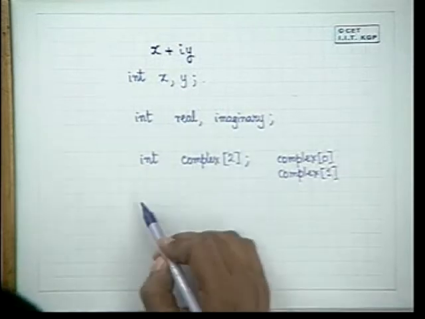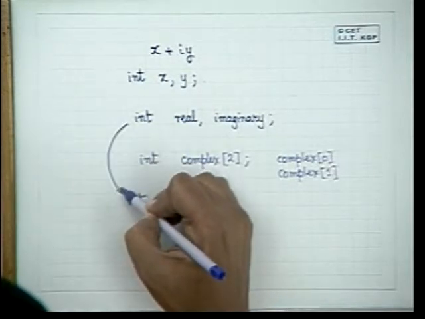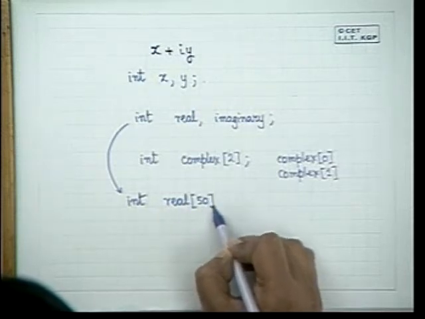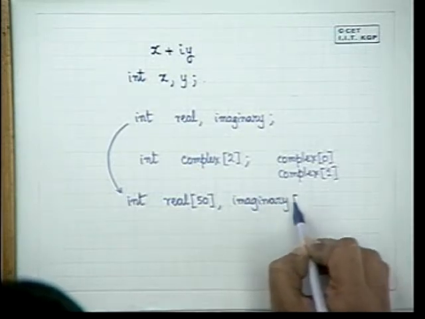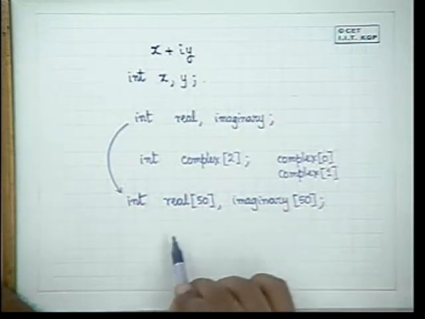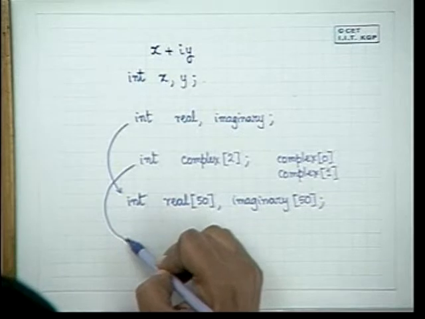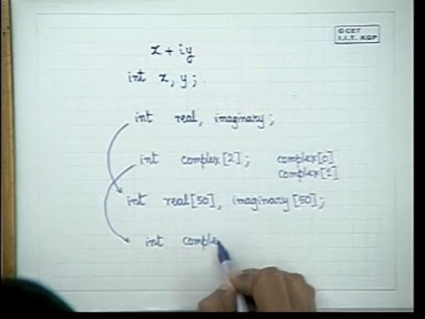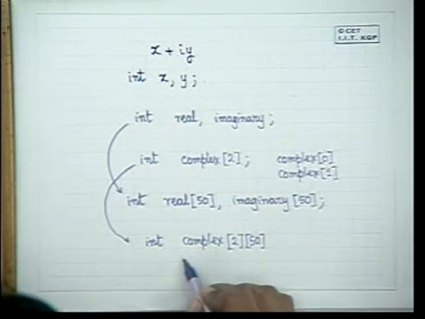Here we would define a real array, say 50, and an imaginary array 50, and use the indices to indicate which is the real part of this number and which is the imaginary part. Either 50 by 2 or 2 by 50, the other option is this.